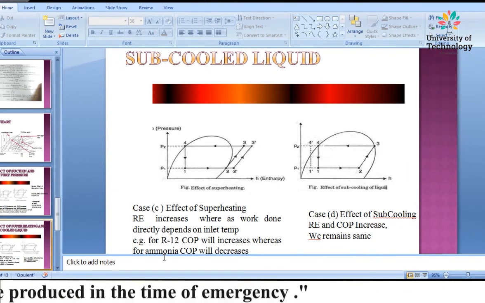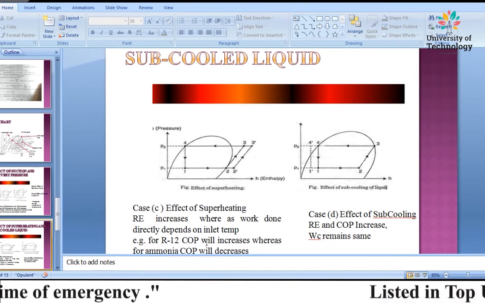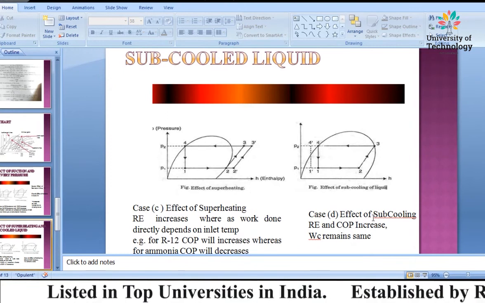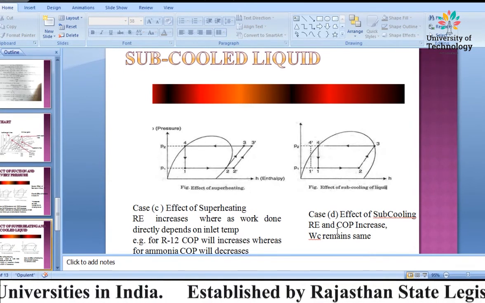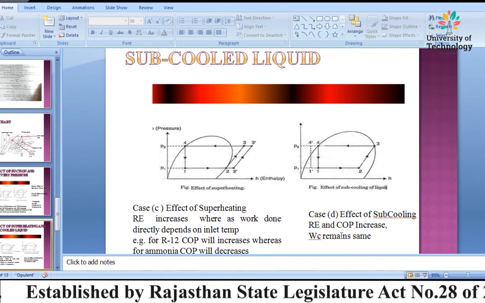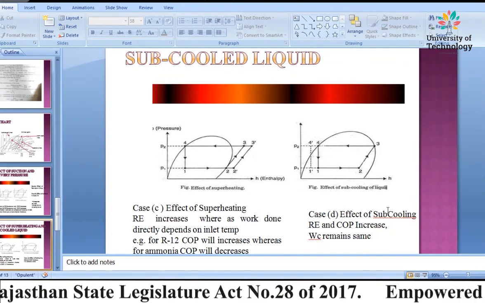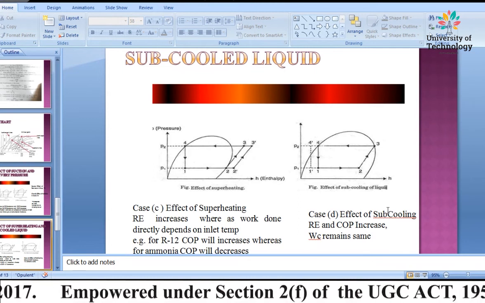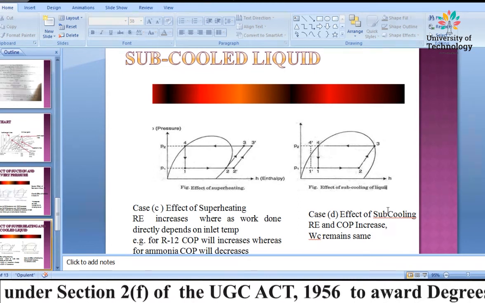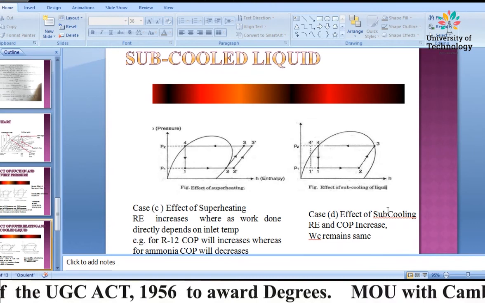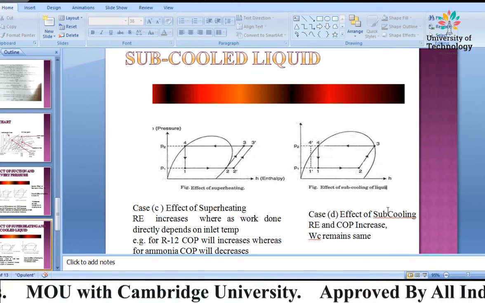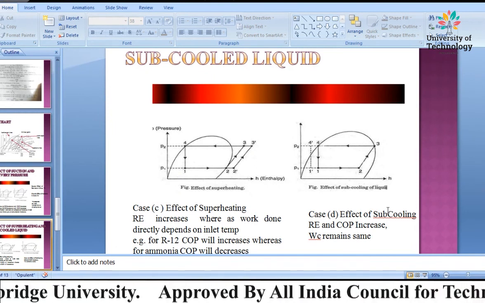For R12 COP will increase, whereas for ammonia COP will decrease. In the case of subcooling, the refrigerant effect and COP increase, compressor work remains unchanged, and for the same cooling a smaller mass flows through the evaporator coil as well as through the compressor. So the size of the compressor can be reduced and less power is consumed in this simple vapor compression refrigeration cycle.